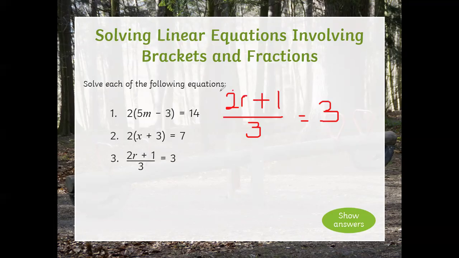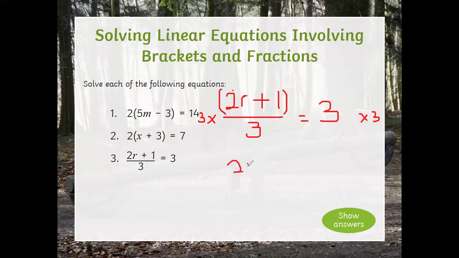Now, in order to understand this, there actually ought to be a little bracket that closes this term first. In other words, before I can do anything here, I got to get rid of the 3 at the bottom there. So it's a divide by 3, right? So what I need to do is I need to times 3 on the left and times 3 on the right. Get rid of that 3 at the bottom.